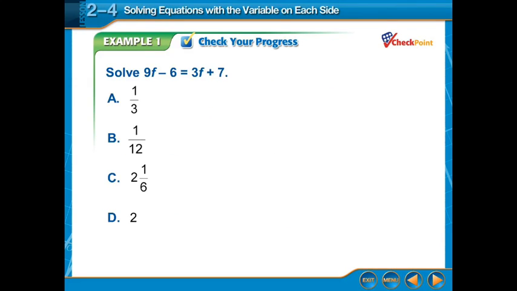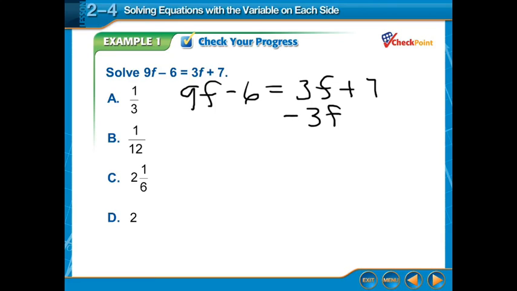Now let's solve 9f minus 6 equals 3f plus 7. I'm going to start by subtracting the smaller variable value from both sides. That will help me ensure that my variable remains positive.